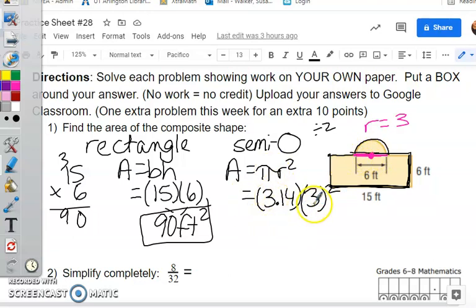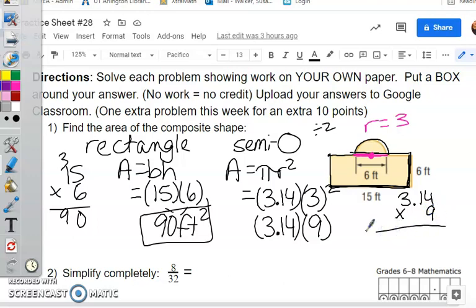Now, most of you know 3 squared. Some of you are forgetting to put this little bitty 2. 3 squared means 3 times 3, which is 9. Okay, and now I'm going to multiply 3.14 times 9.